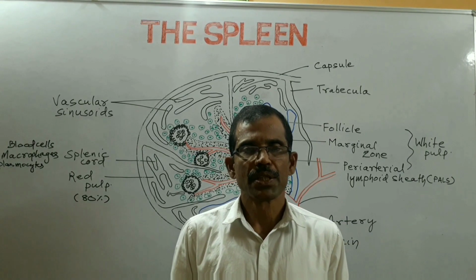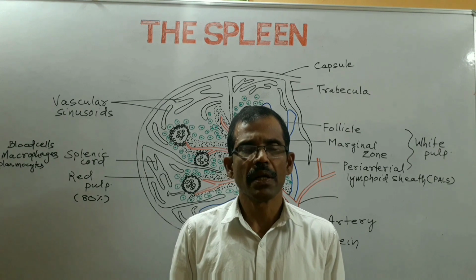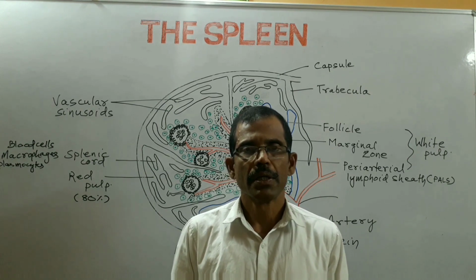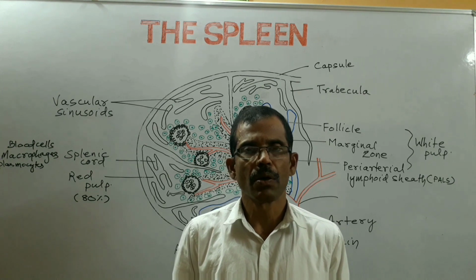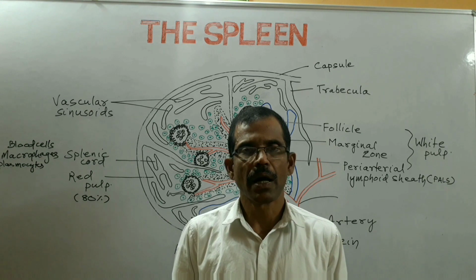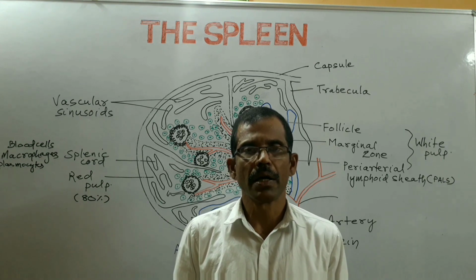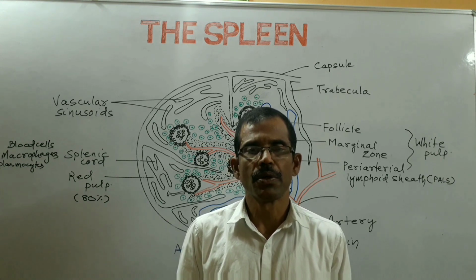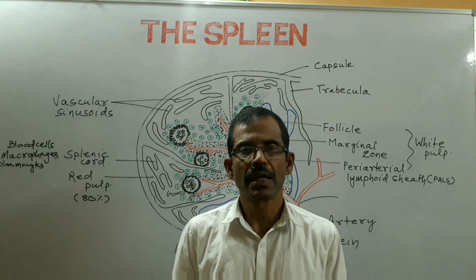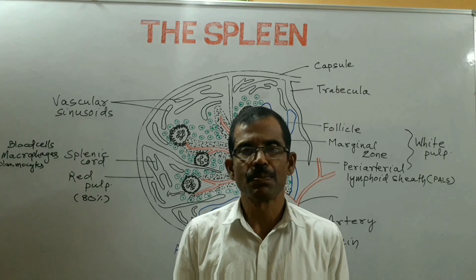Structure of the spleen. The spleen is the largest lymphoid organ in our body. It is an intraperitoneal organ. That means all of its surface except the hilum is covered by a layer of visceral peritoneum. Underneath the peritoneum there is a capsule that covers the spleen.